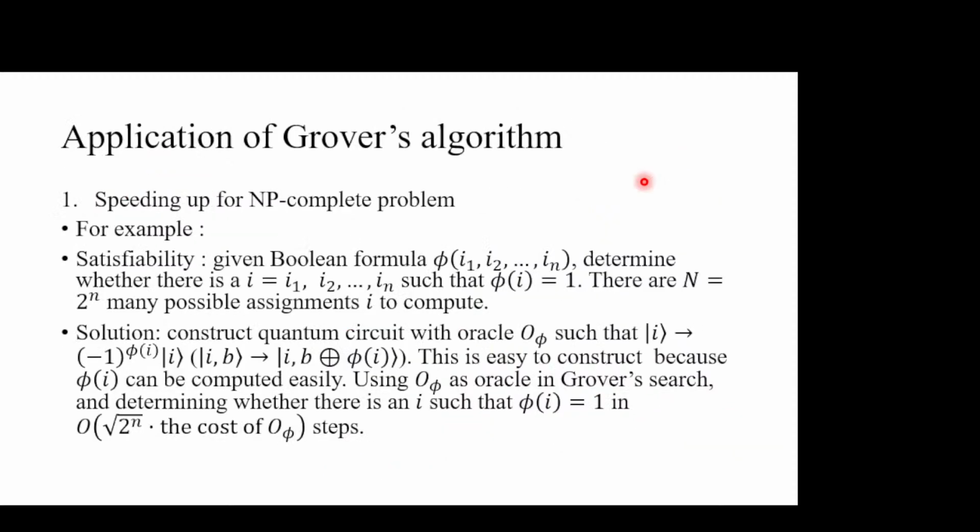And now let's try to build some algorithms out of Grover's algorithm. The first one is speeding up NP-complete problems. I think we already talked about this before, so let's just go through it really quickly. For NP-complete problems, there is always a function that you can check, an efficient verification of your input.